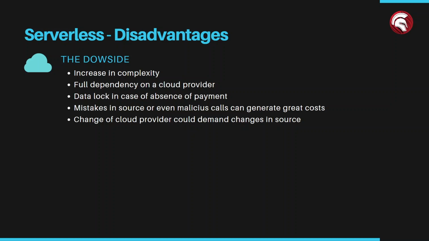And mistakes in the source or even malicious calls can generate great costs, right? So think about it. If someone understanding your cloud architecture knows how to call one of your functions, they can put a system to make many calls, and you will have to pay for those calls even if you are not using them. So selecting the security pass-through to access your functions will be very important.